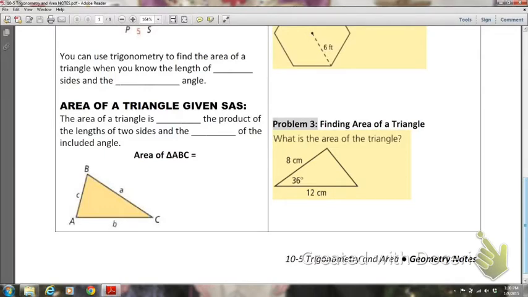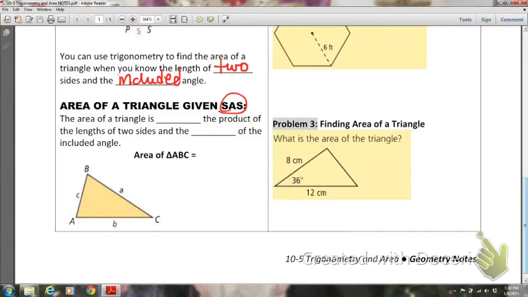The other formula that we're going to be using specifically is to find the area of a triangle. We can use trig to find the area of a triangle when you know the length of two sides of the triangle and the included angle that's in between those two sides. That's why this is called the area of a triangle given side angle side, because you have two side measurements and the angle that's included in between.